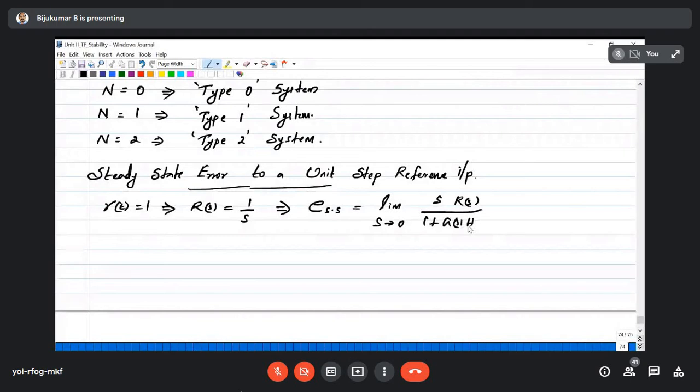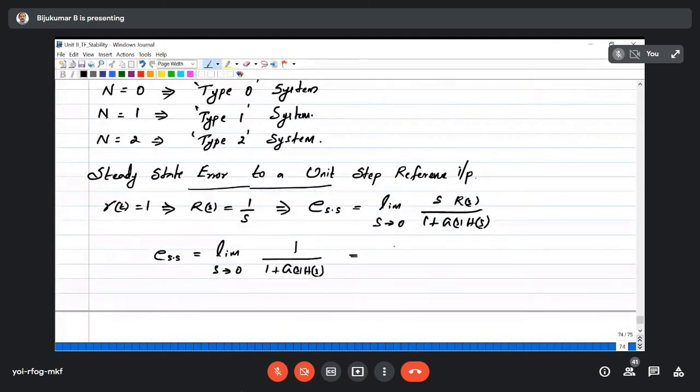So if you substitute here, the steady state error becomes limit s tends to 0, s instead of R of s, put 1 by s. So s and s will cancel. Finally, we will get 1 divided by 1 plus G of s H of s.